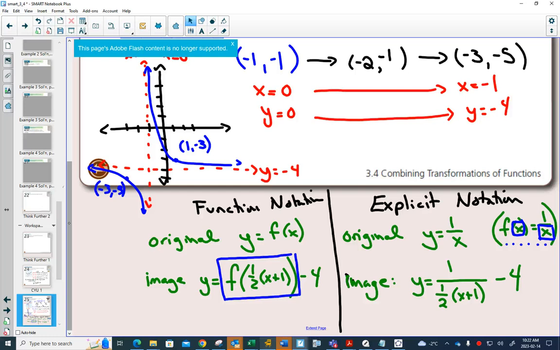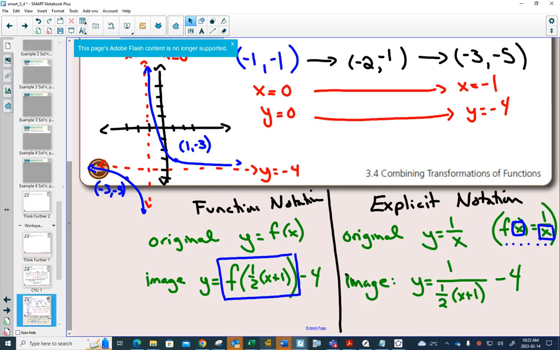Would you recognize that all of this was inside the function? I find function notation is really easy to see what's inside the function. Because when you have function notation, there's your function, there's something inside of it. Really easy to see. A little bit more difficult to see what's inside the function when we get to the actual equation or the explicit notation.